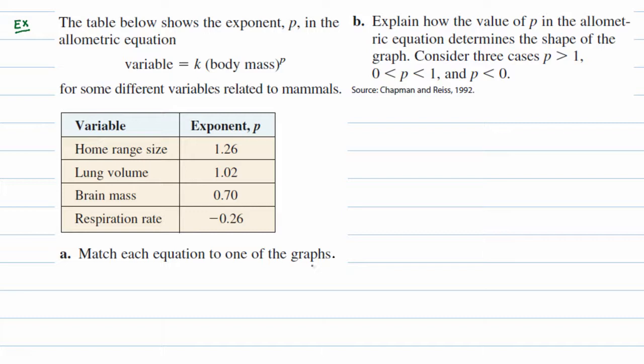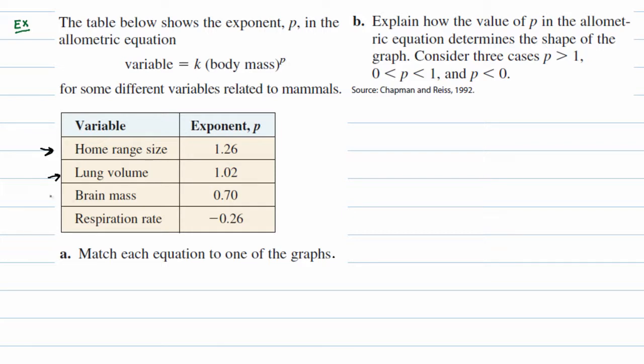But let's see if they give me body mass values or variables. And you see this table here. This table doesn't give me values, actually, they just give me variables. Like the home range size is the variable. It's equal to some constant times the body mass raised to a certain power. The lung volume for a mammal is equal to some constant times body mass raised to the 1.02 power.